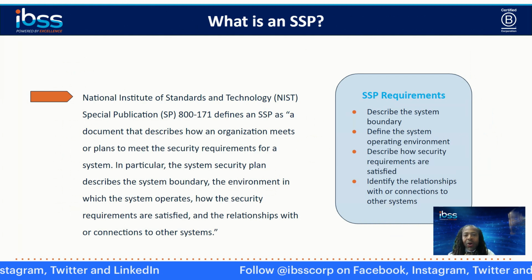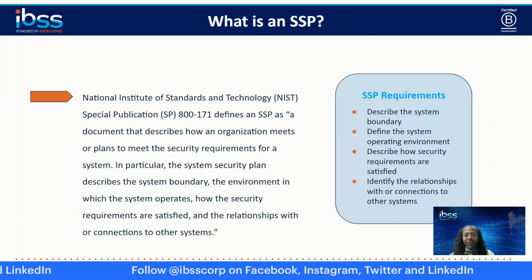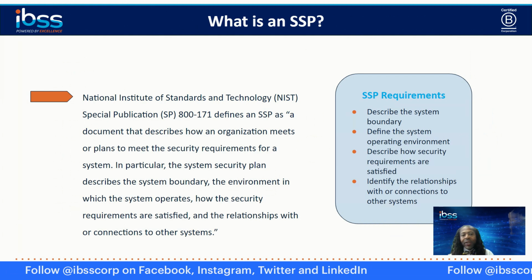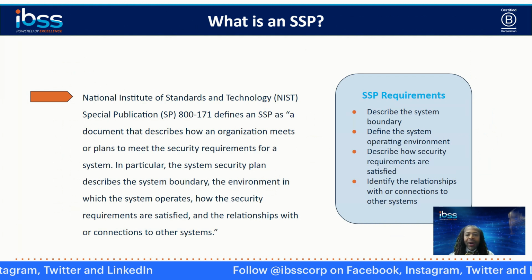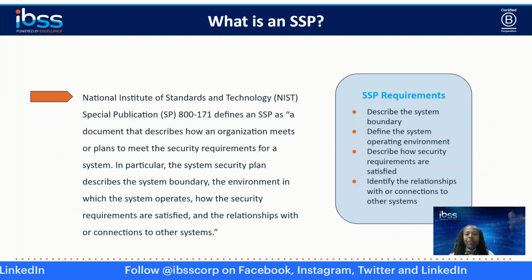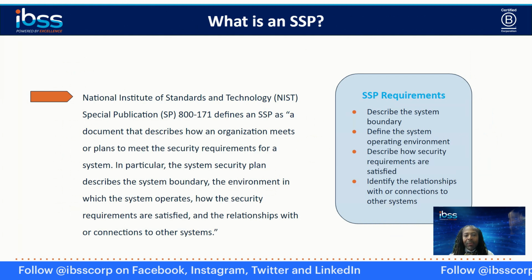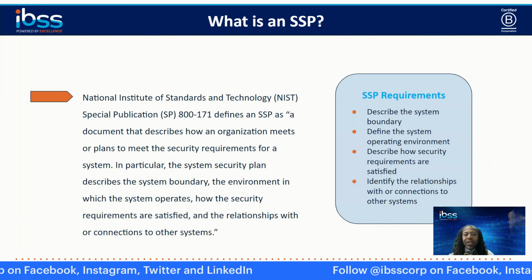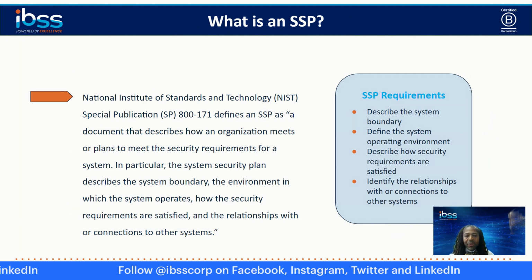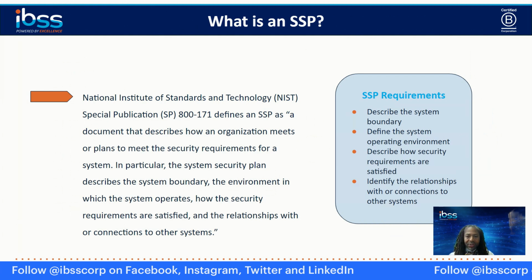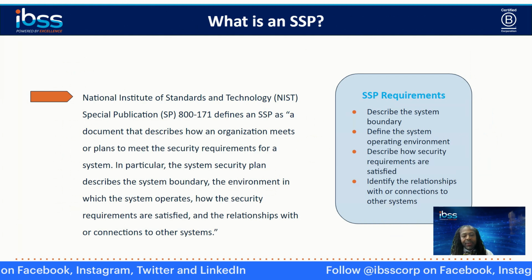Your SSP should also define the system operating environment, whether it's on premises or in the cloud or a hybrid. The SSP should also describe how your organization is meeting those security requirements. And you also want to include a discussion about any interconnections, as related to how your system is connected internally to other systems or external systems.